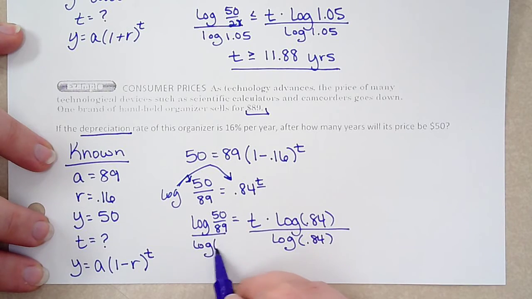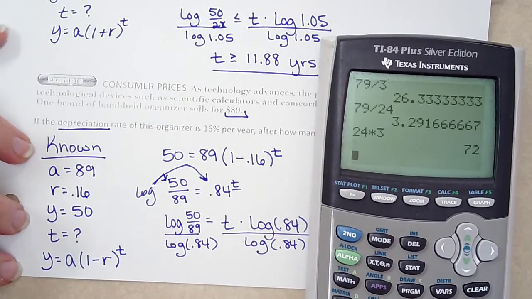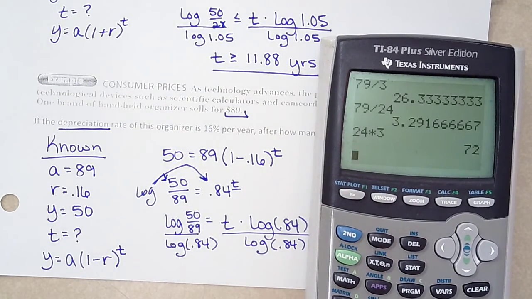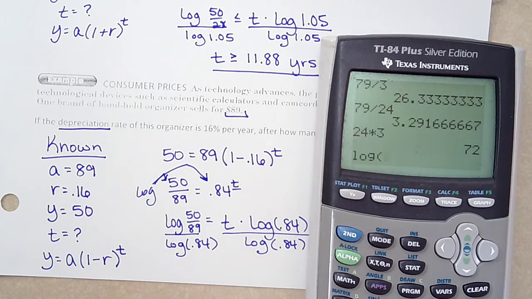And I want to show you specifically how I'm putting this in my calculator, because I know that the calculator can be a little bit challenging with logs. So when I plug this in, I have to go to log here. So log of 50 divided by 89. Because that's the top part, I'm going to throw my parenthesis in there.